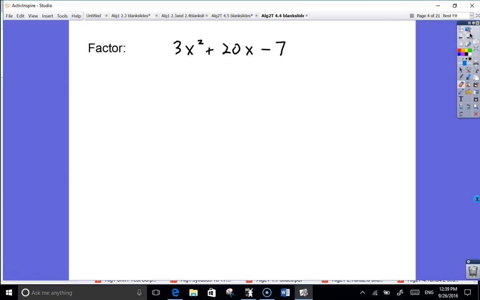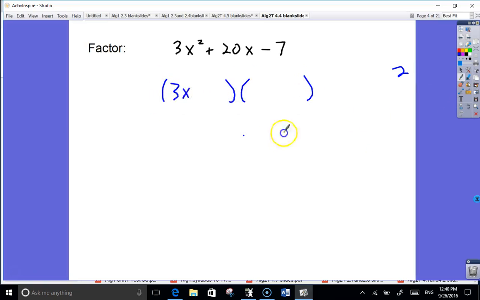So if we have to find two binomial factors that multiply together to give us 3x squared plus 20x minus 7, I need that to be blue. Go back over here. There we go.